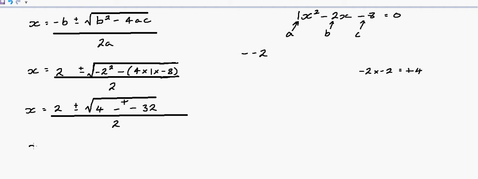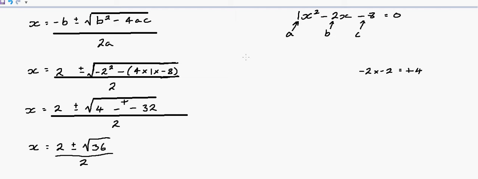So we have x equals 2 plus or minus the root, and 4 plus 32 is 36, and that's all over 2. So now all we've got to do is take this root 36 out and give it a whole number.